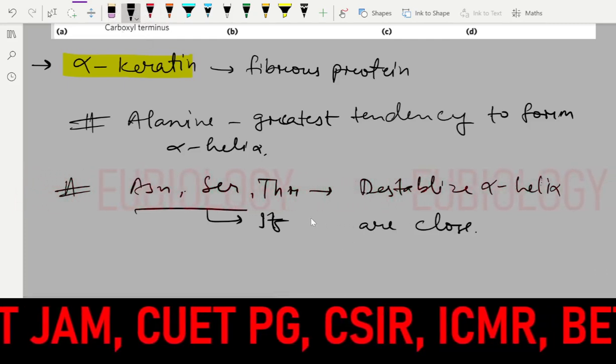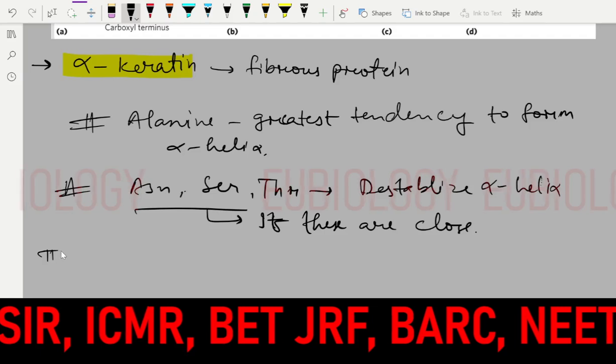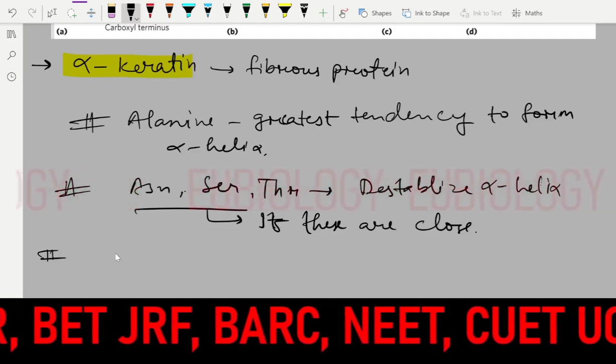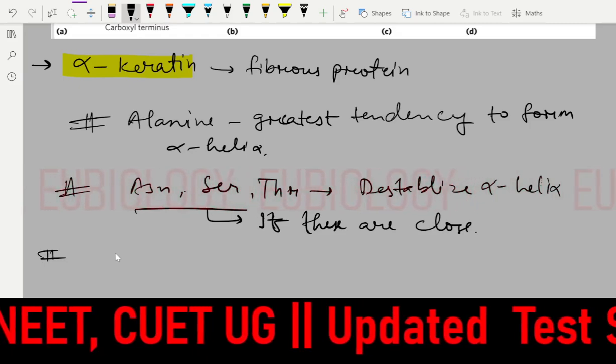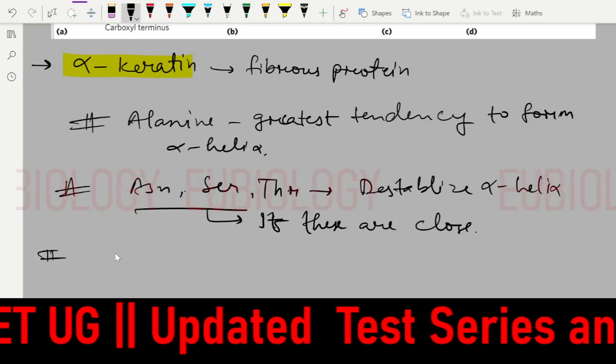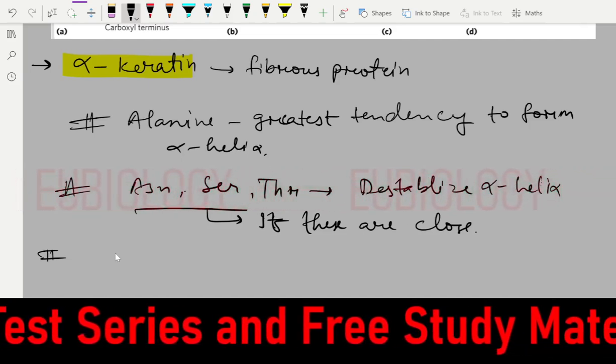The positive charge amino acids are often found three residues away from the negatively charged amino acid, permitting formation of an ion pair. This is an important point.